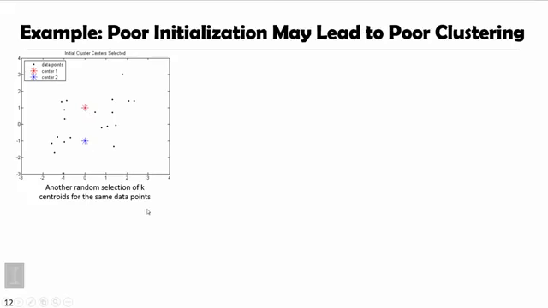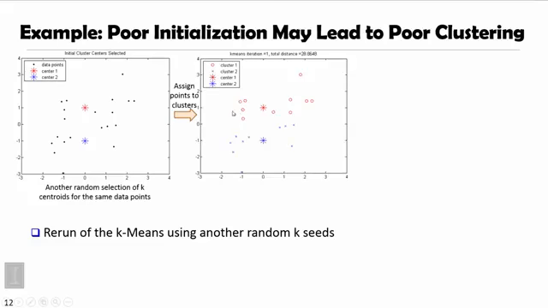With this initialization, we can assign these objects into 2 different clusters in different colors. The upper part is assigned to the red cluster, and the lower part is assigned to the blue cluster.